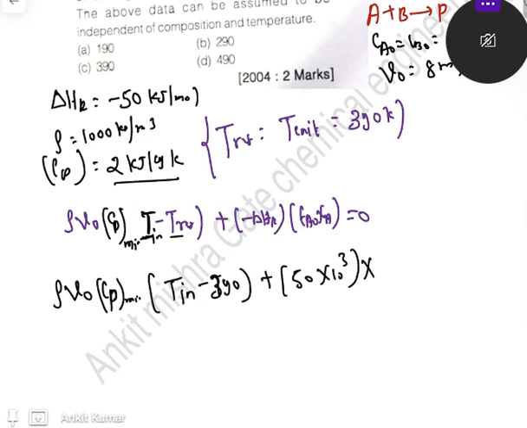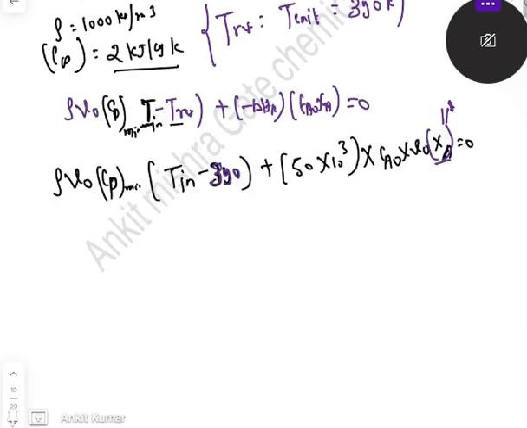Fa naught is not given to you, but Ca naught and the volumetric flow rate are given, so I can write Ca naught into V naught multiplied with Xa. In order to get the maximum inlet temperature, the conversion should be equal to 1. Only under that condition can you say the maximum inlet temperature is obtained.